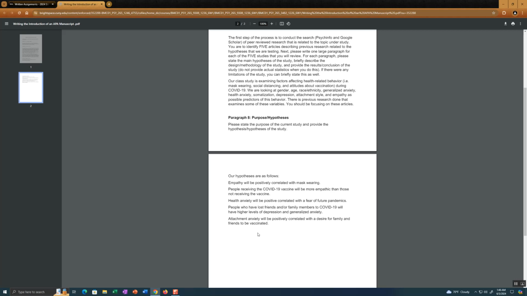Look at attachment style, and you guys should remember attachment style from Bowlby and Ainsworth's strange situation paradigm from developmental or child psych, where the child, a 1-year-old infant, was classified as either secure, ambivalent, or avoidant, right?